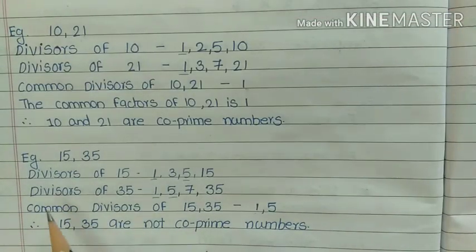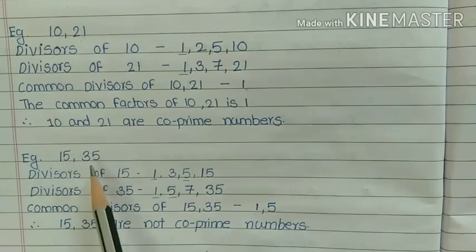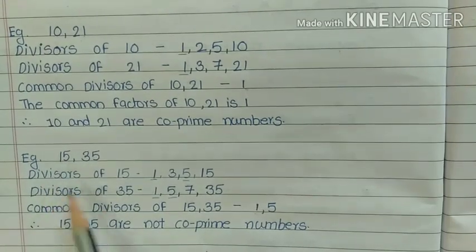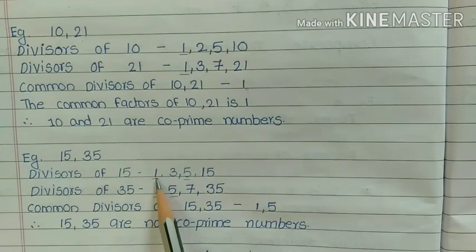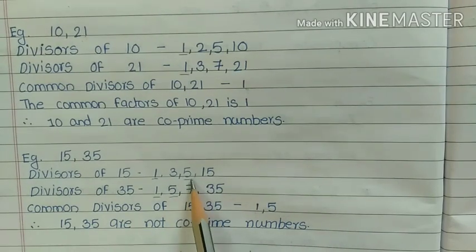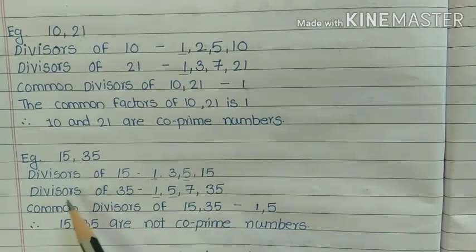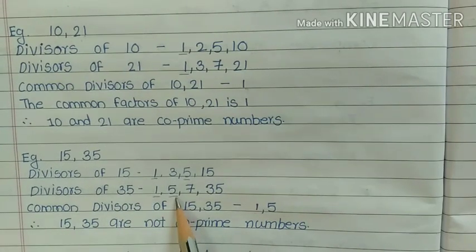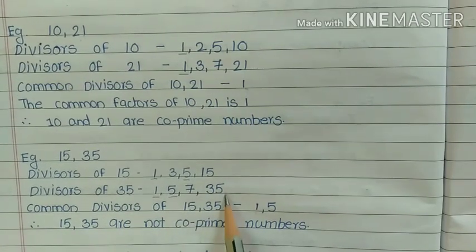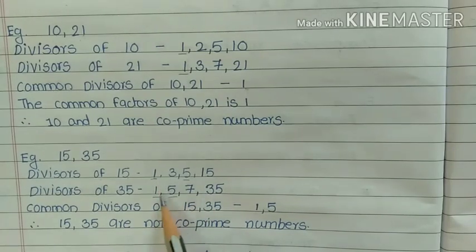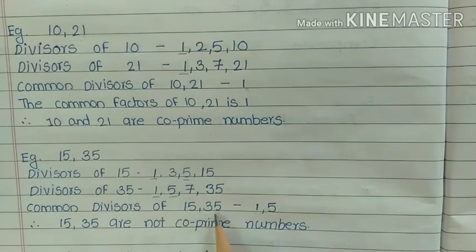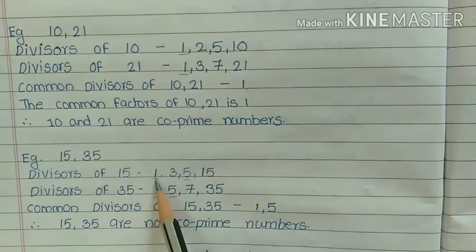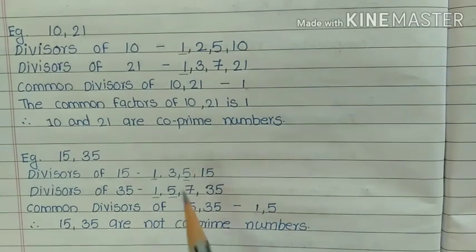Let us see one more example. 15 and 35. Divisors of 15: 1, 3, 5, 15. Divisors of 35: 1, 5, 7, 35. Underline the common divisors. Common divisors of 15 and 35 are 1 and 5.